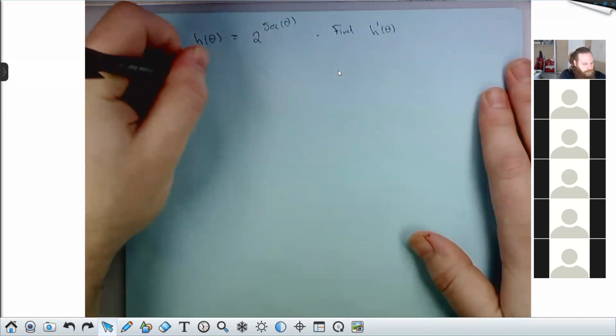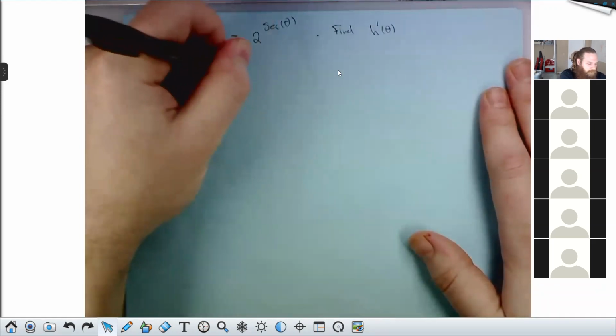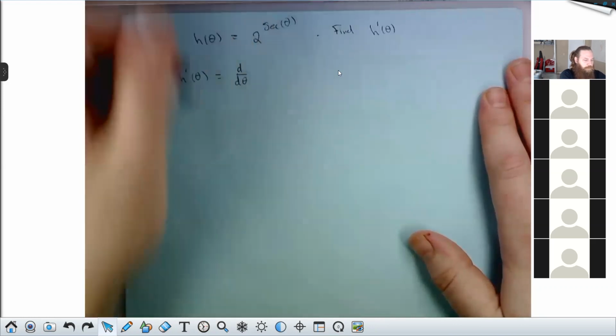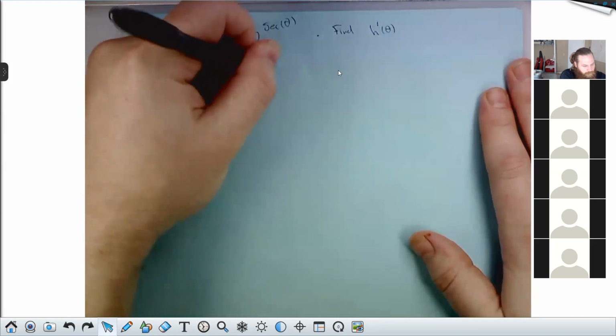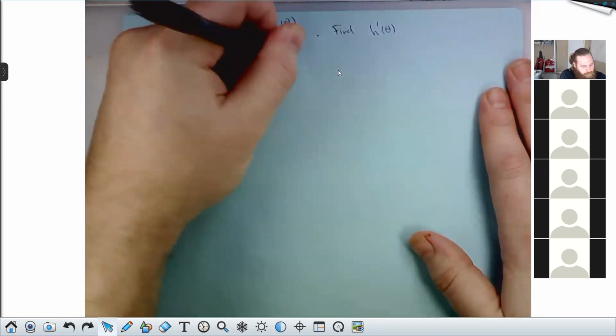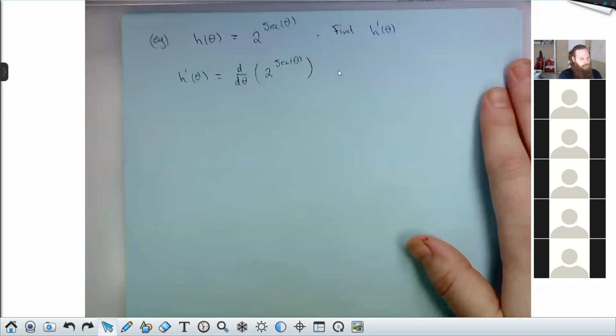Practice with the notation. h prime of theta is the derivative of my function taken with respect to theta. So that would be d/d theta of 2 raised to the secant theta.